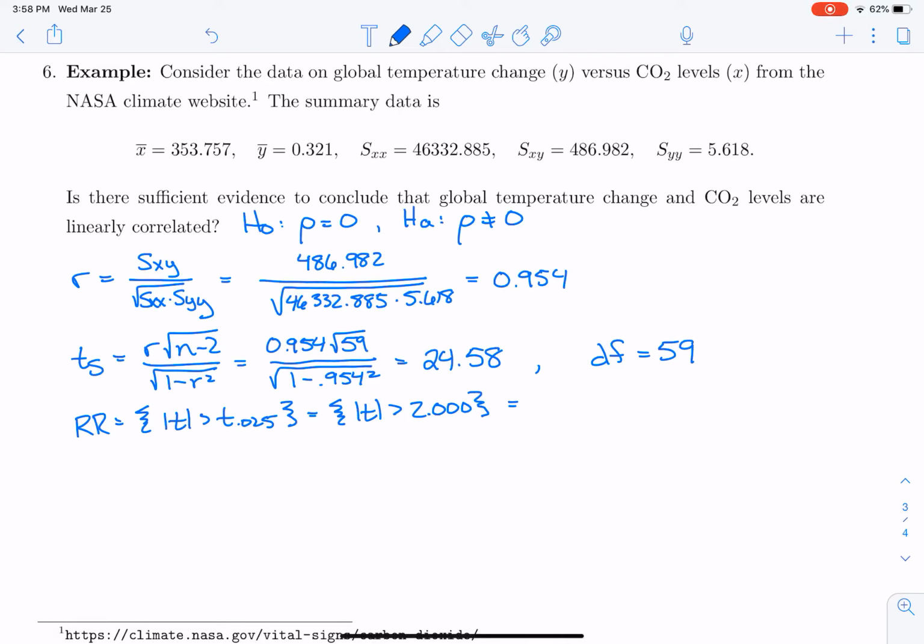Okay, so clearly we need to reject the null hypothesis, and we see that the temperature change, global temperature change, and CO2 levels are correlated. Okay, so global temp and CO2 levels are correlated.